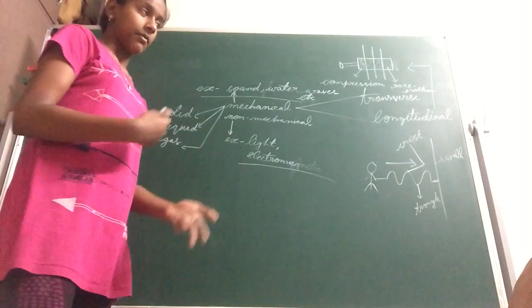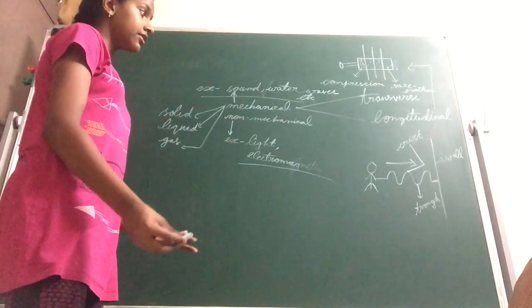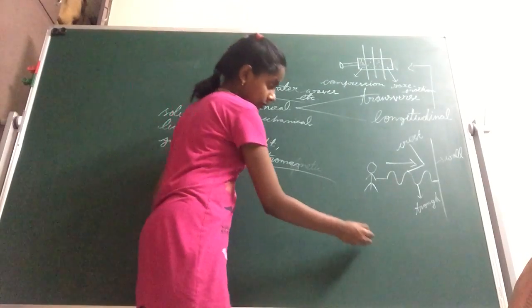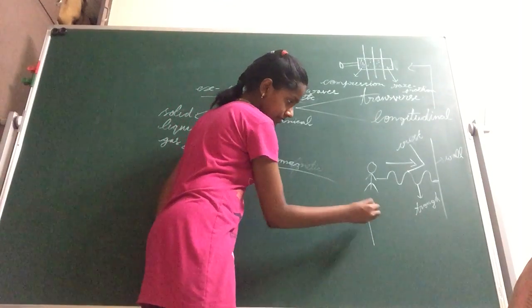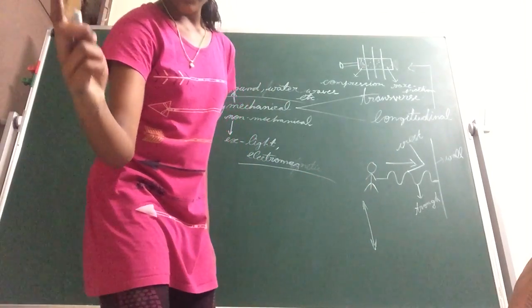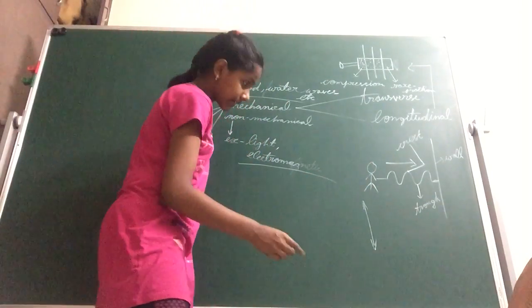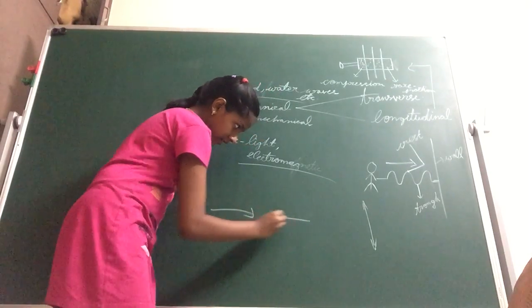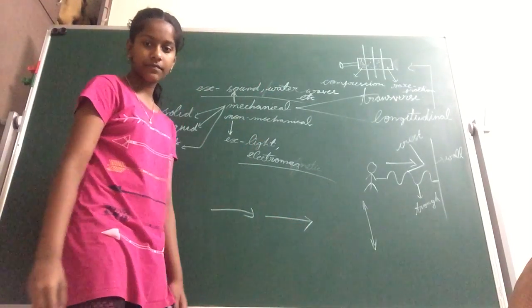Now I'm going to just summarize the transverse and longitudinal. In transverse, the waves move in upwards and downwards direction, while in longitudinal the particles move this side.